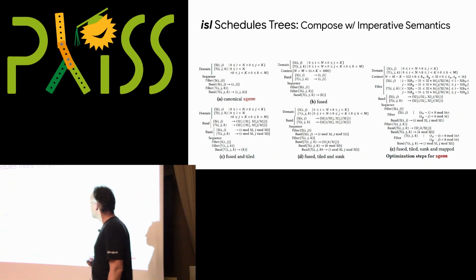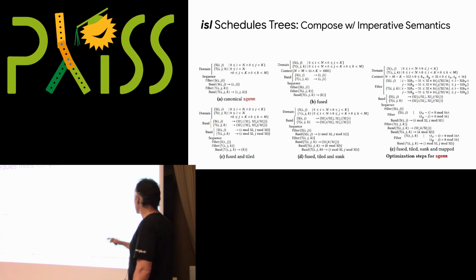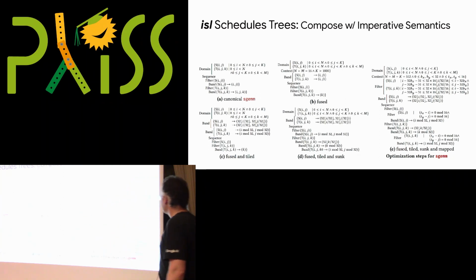For example, if you want to parallelize and optimize matrix product on the GPU, intuitively, you want to fuse loops, you want to tile loops, and you want to decide what goes to the threads and to the blocks. You end up doing this kind of linear transformations there. There are lots of divisions by 32 and 16 because these are the block sizes that map well to warps and threads and blocks on the GPU.